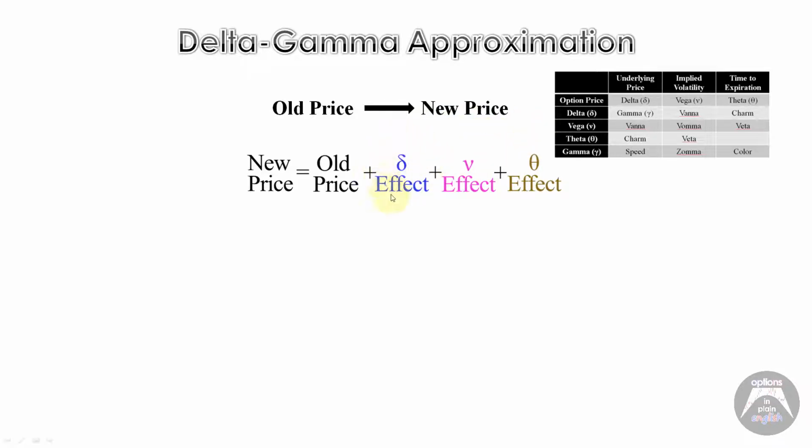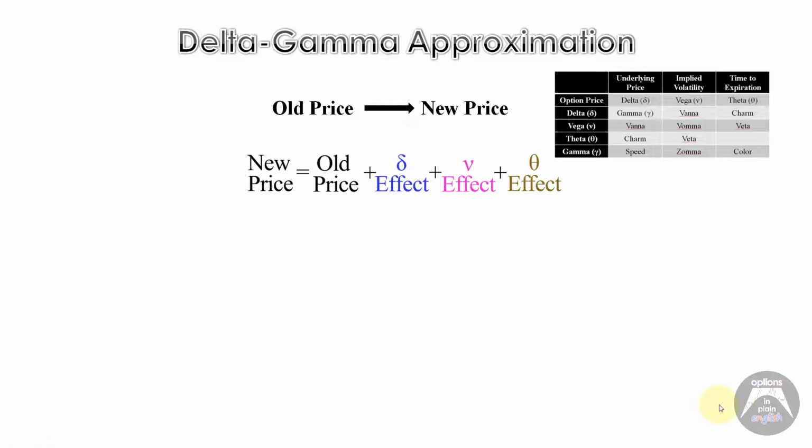And this effect has to take into account the fact that the delta at the beginning of the period that we're analyzing is going to be different than the one at the end of the period.